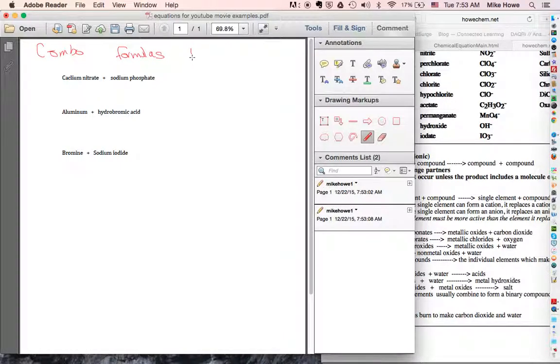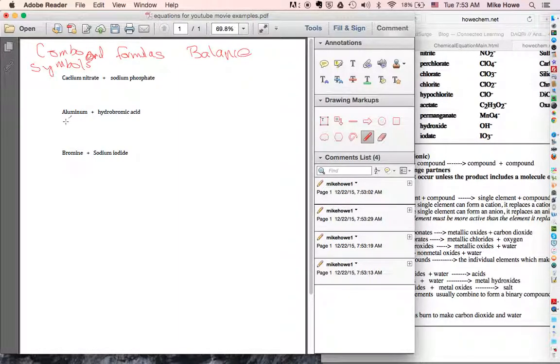The third step then is to balance the equation. So 3 steps: combos, formulas, and balance. And by combos, that means symbols as well. So combos and symbols, then write formulas, then balance.